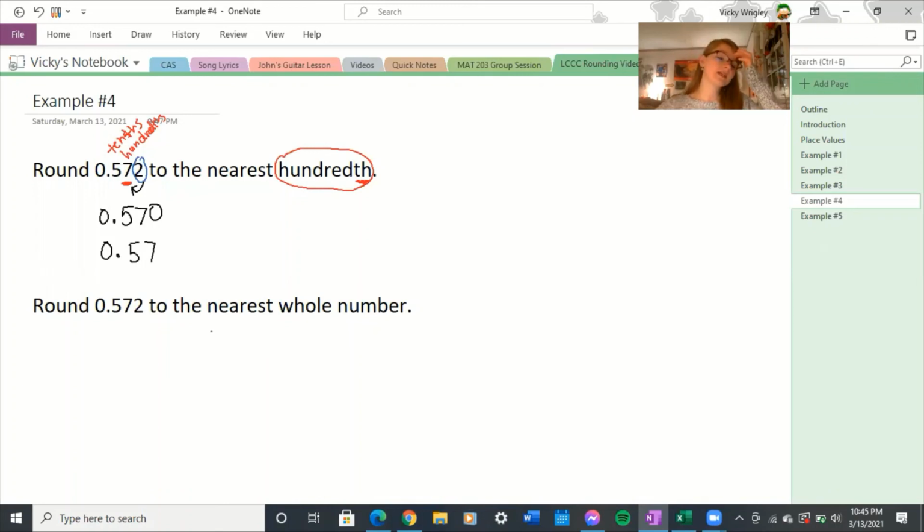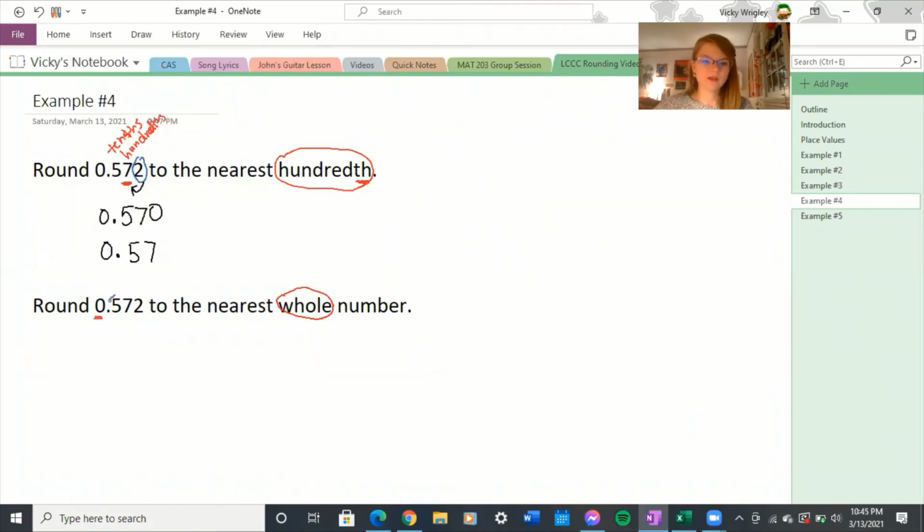Now let's round this decimal to the nearest whole number. Rather than give us a place value, this just asks us to round it to the nearest whole number. The nearest whole number would be the first number to the left of the decimal, this place right here. That would give you a whole number.